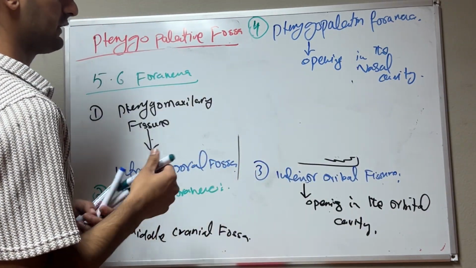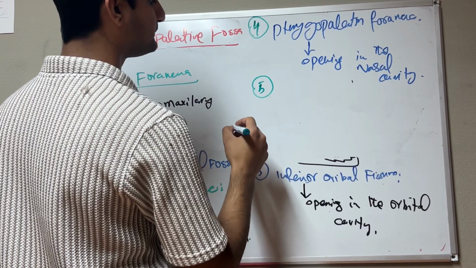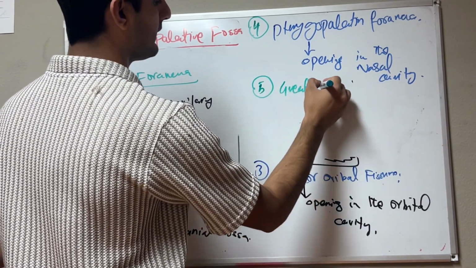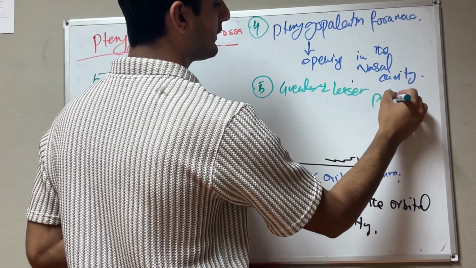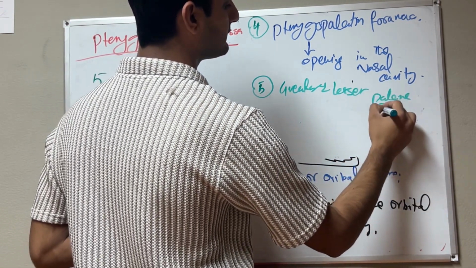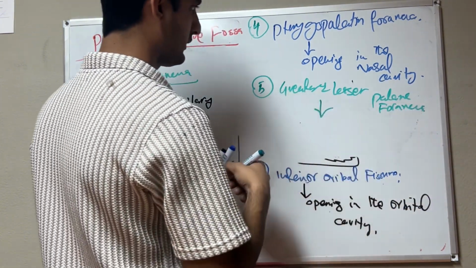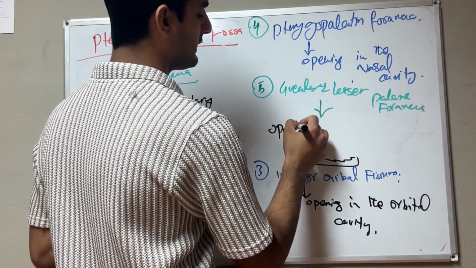Okay, then we have the fifth one, the greater and lesser palatine foramina, which open into the oral cavity.